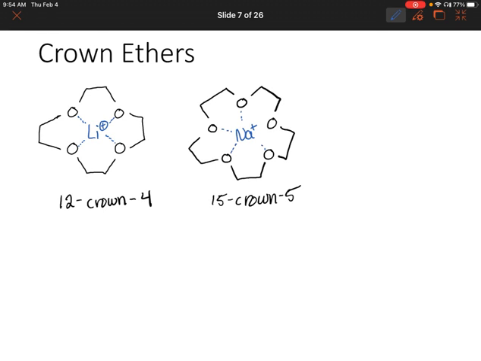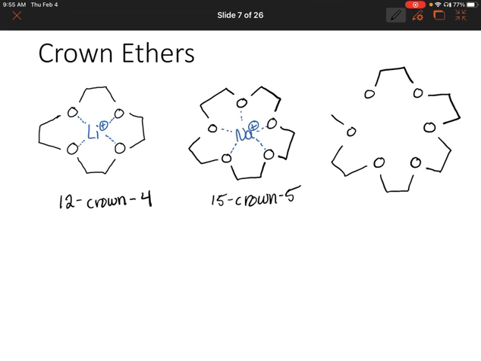So remember, as we go down a column on the periodic table, atoms get bigger and bigger. So sodium's bigger than lithium because it's lower down on the column. And then the last crown ether we'll show is called 18 crown 6. So this one has 6 oxygens. And then they're all connected by 2 carbon chains again. This one can hold potassium because potassium's bigger than sodium or lithium.